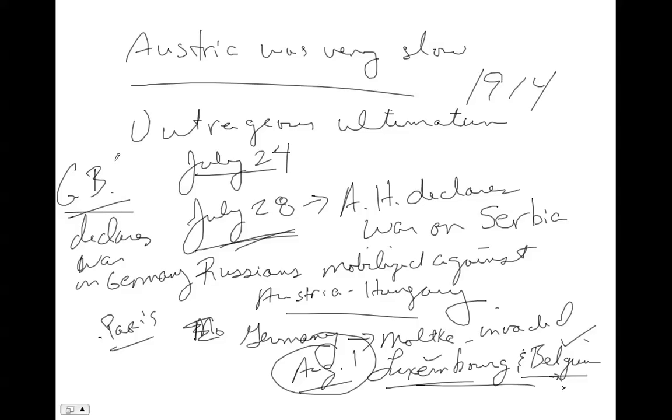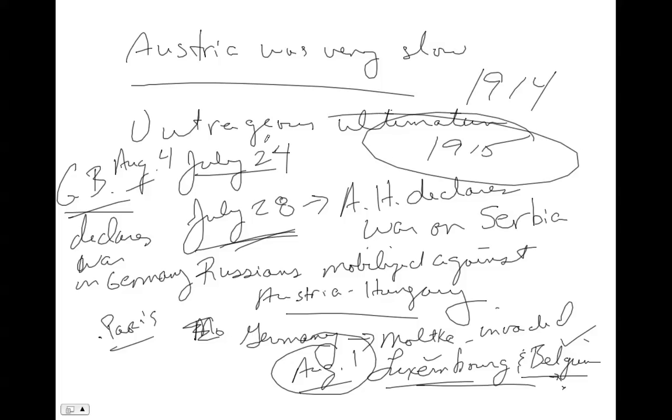So Britain declares war, and you don't have to remember all these exact dates, no biggie, on August 4th. And thus, basically, this is how the countries started getting involved. Italy stays out of the war until 1915. And later on, in 1917, the United States gets involved.